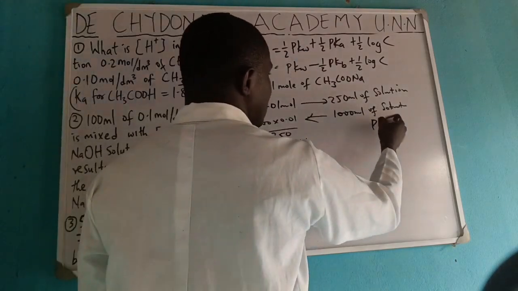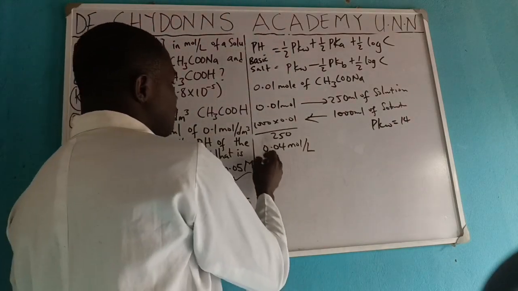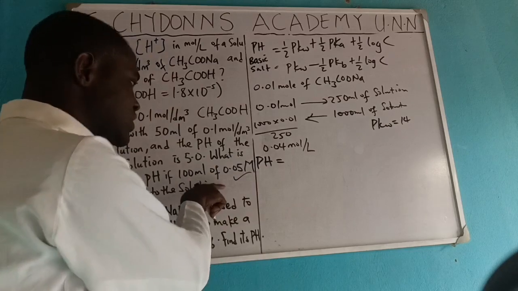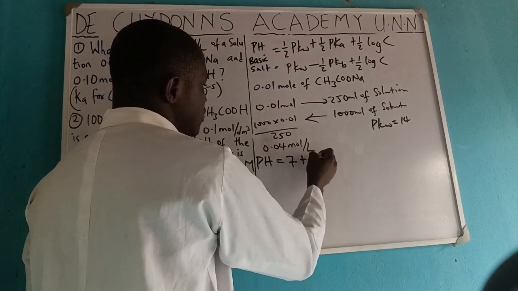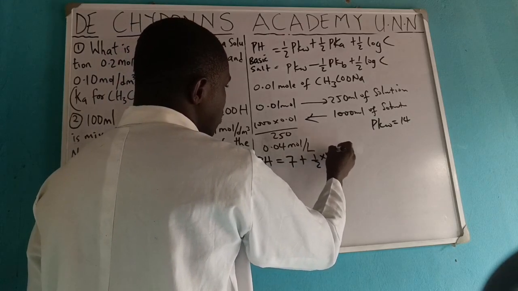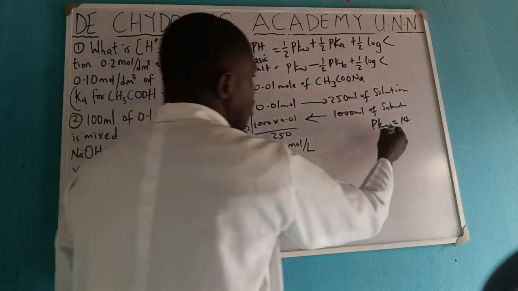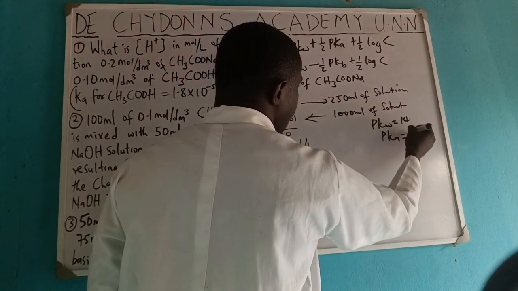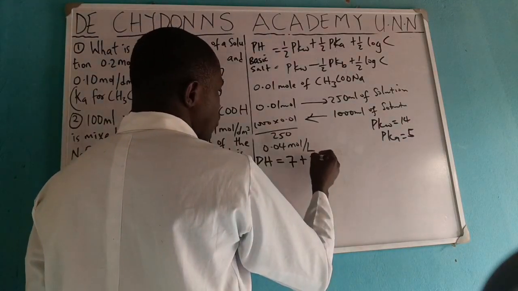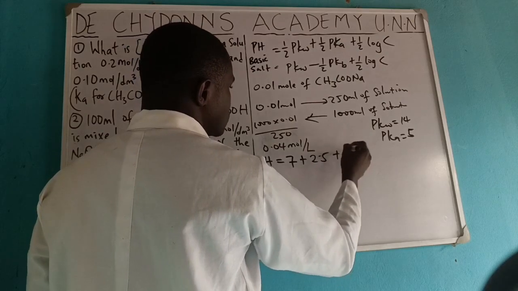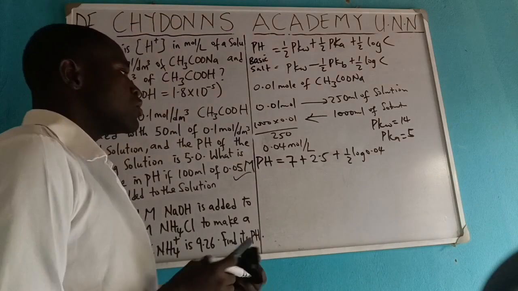pKw, as we noted, is 14. So half pKw should be 7. So the final pH, when you add this one, will be equal to half times 14, which is 7, plus half times our pKa. We got our pKa to be 5. Yes, plus half times 5, that will be 2.5, plus half log 0.04. We'll compute it.